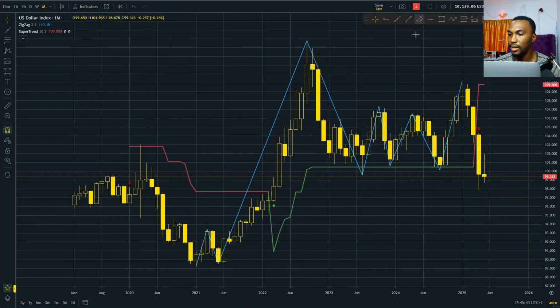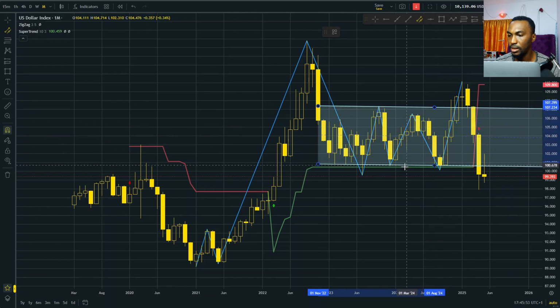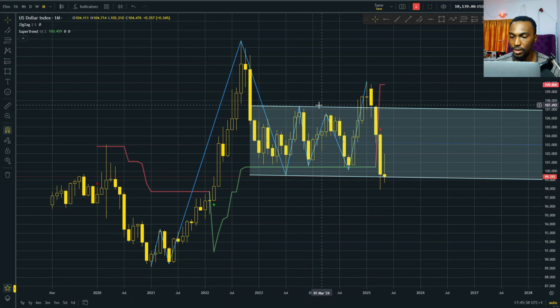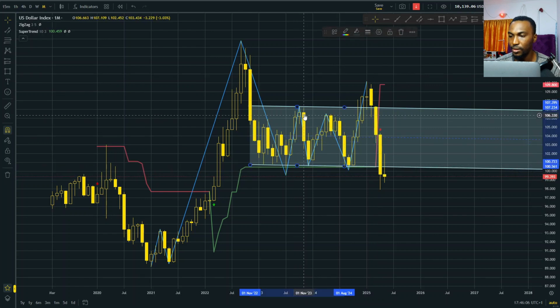And the very first thing I can see is that there is this strong channel here, which has been constantly in view recently. And for the first time, price seems to have gone above that channel, but now it returned into that channel. If I should squeeze this channel, I'll say here to here, right?